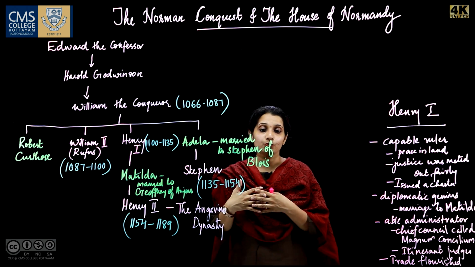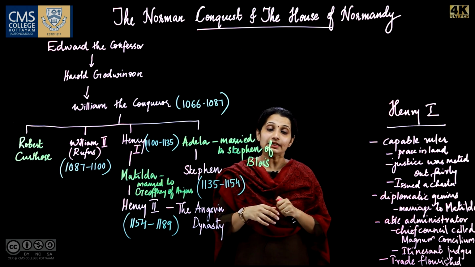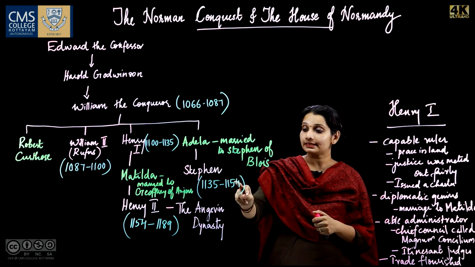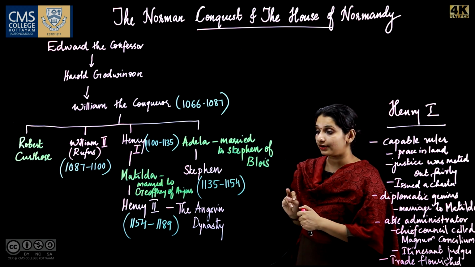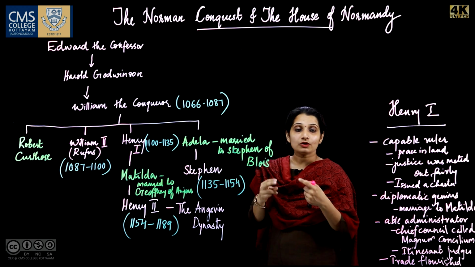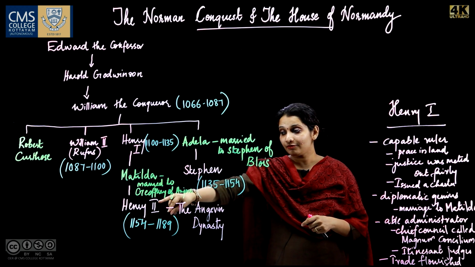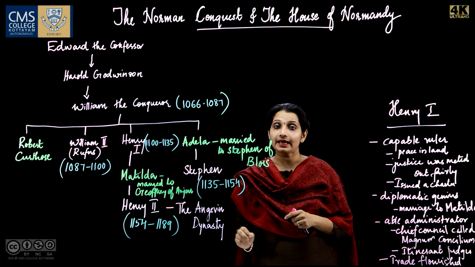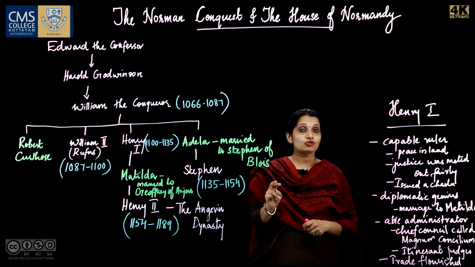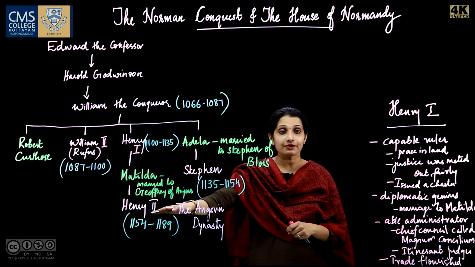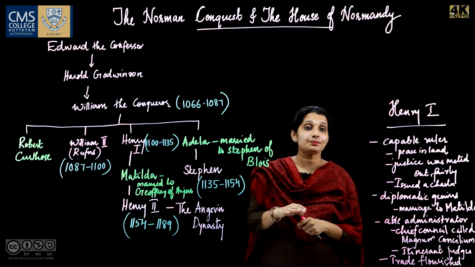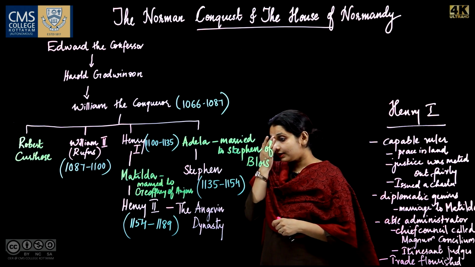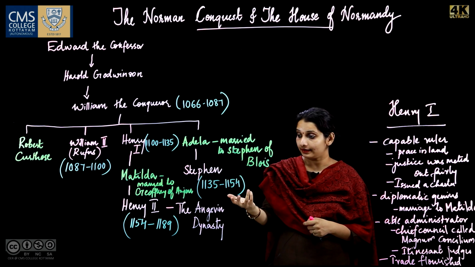So this pact was made, and so Stephen continued on the throne of England till his death in 1154. And in 1154, when Stephen died, Matilda's son Henry ascended the throne of England as Henry II, and this is the beginning of the Angevin dynasty of England.